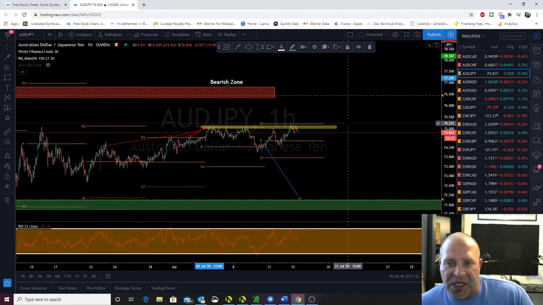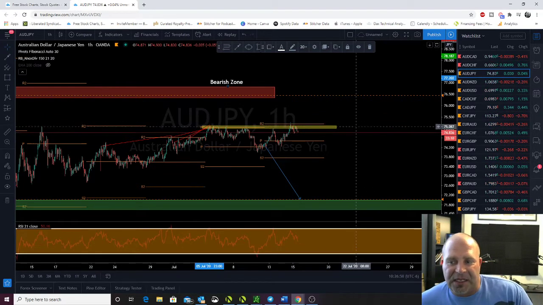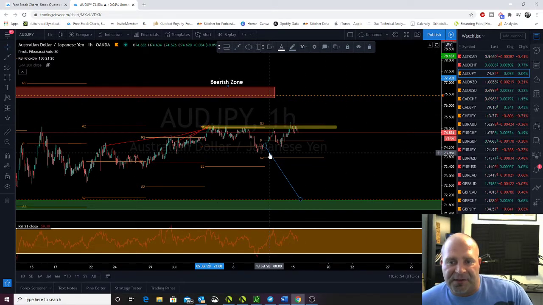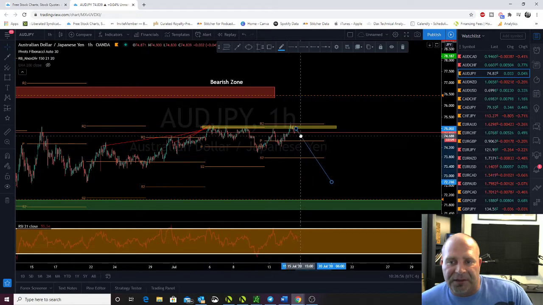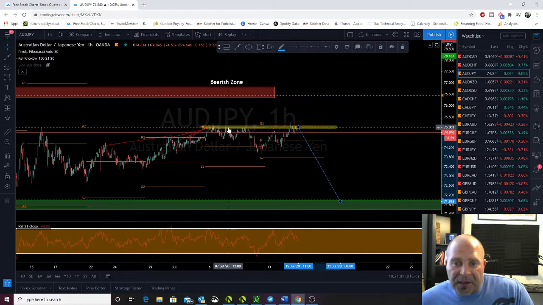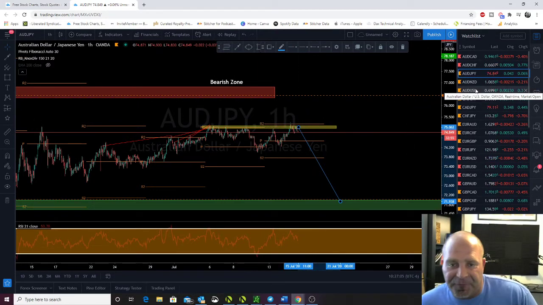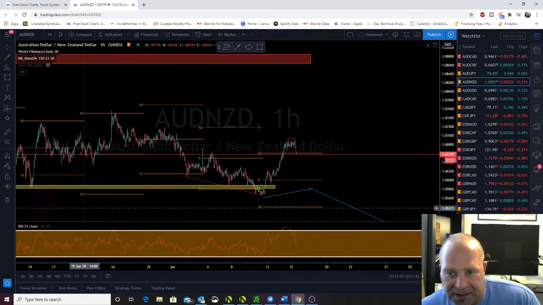You can see we shot up to R2, and then it just kind of stalled out. On Sunday I was looking for a bigger drop, but that didn't really happen. So I think we might drop from up here, but there's just not enough meat on the bone yet for me to get excited.